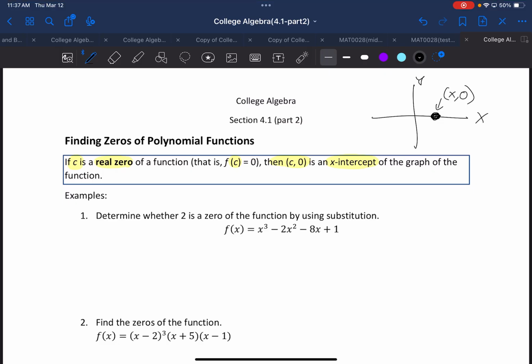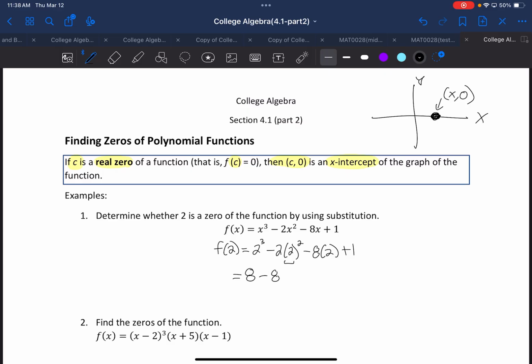So I'm going to plug 2 into this function, which will be 2 cubed minus 2 times 2 squared minus 8 times 2 plus 1. And we're going to evaluate. So 2 cubed is 8. 2 to the second power, which is what I would have to do first because exponents come first, is 4. 4 times negative 2 is negative 8.